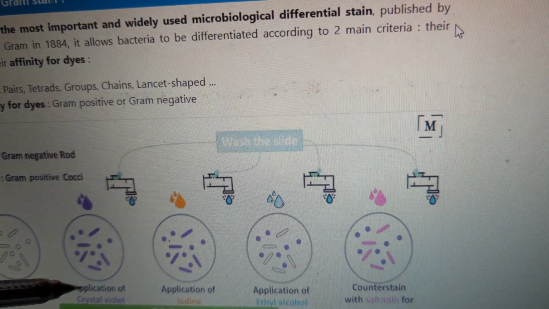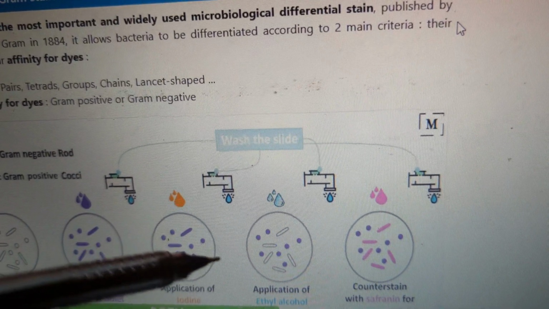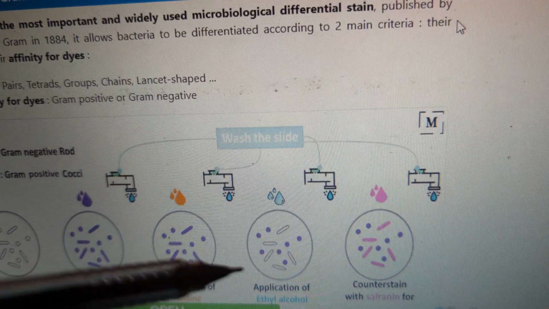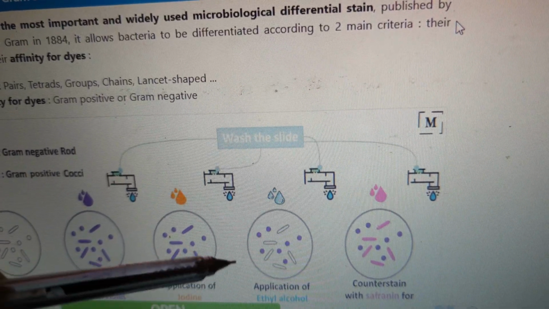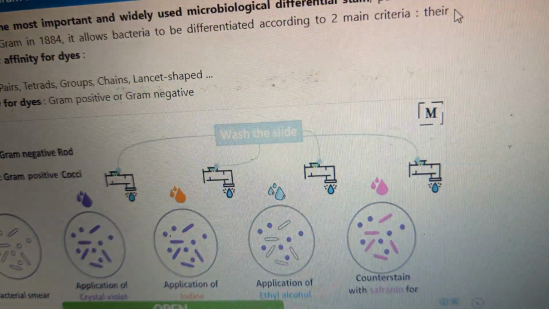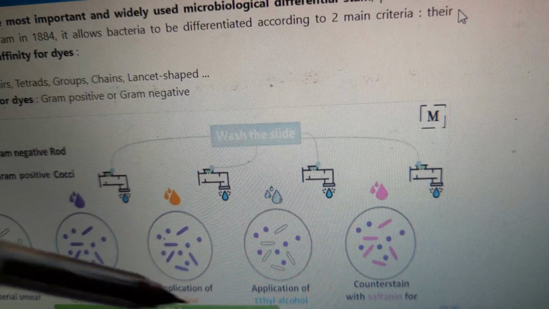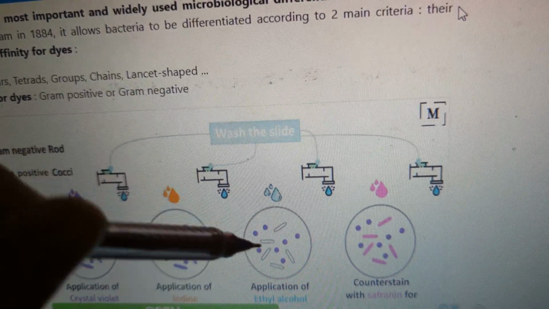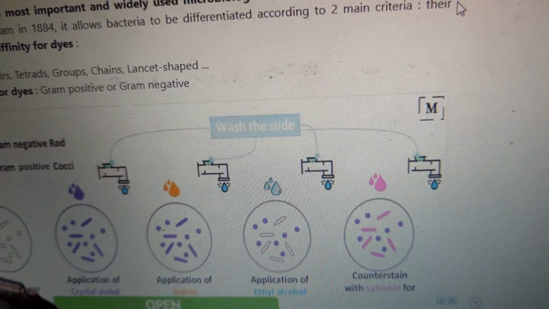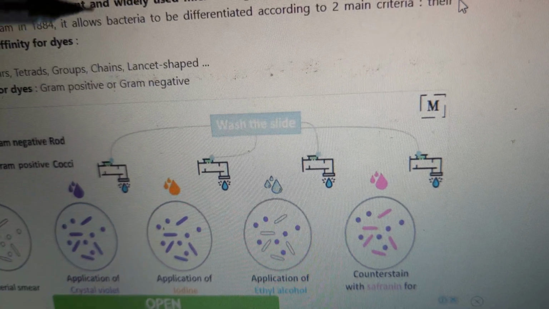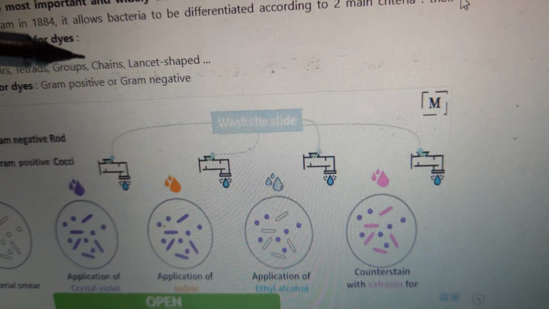So the gram negative at this point has not retained the crystal violet, it has been rinsed out. The gram positive, on the other hand, at this stage, when we apply the decolorizer, will retain the crystal violet because of that thick peptidoglycan.